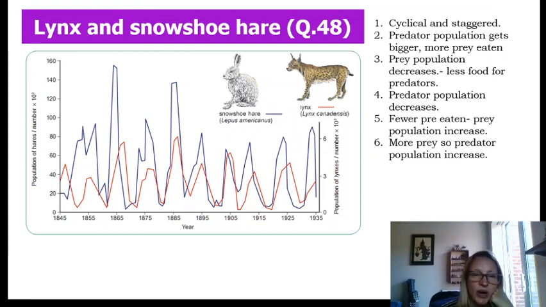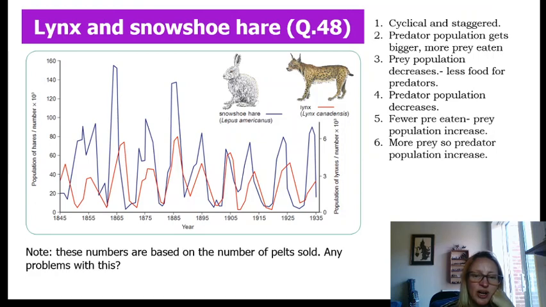Now this data is quite interesting because this is based on the number of pelts sold. So obviously ethical concerns with the way in which this data was gathered, but also it's going to be dependent on the success of the people that are out hunting. There might be more people out hunting and therefore they're going to catch more, and that might not necessarily be representative of the population as a whole.